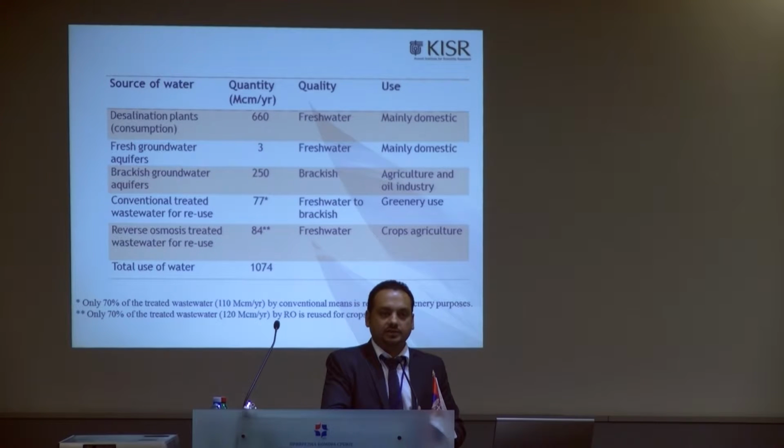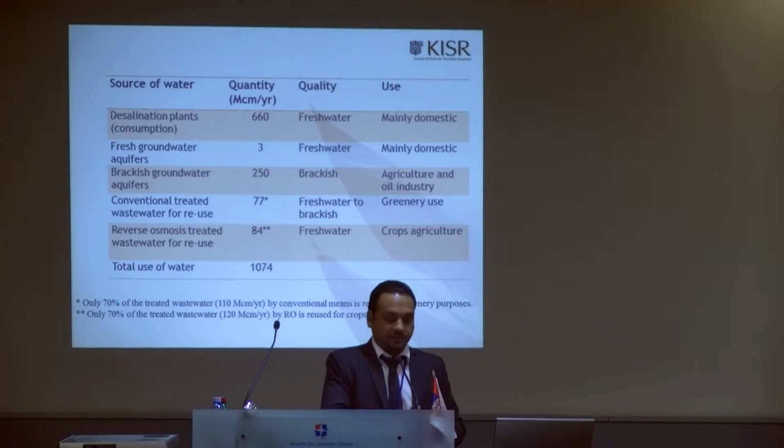It's used for agriculture and industry purposes. And we have treated wastewater, treated both by conventional method and reverse osmosis method, and it's used for greenery and agricultural purposes. So the total consumption per year is 1,074 million cubic meter.